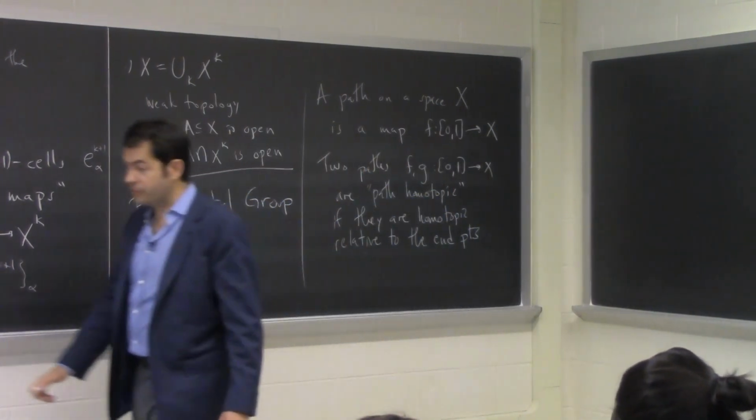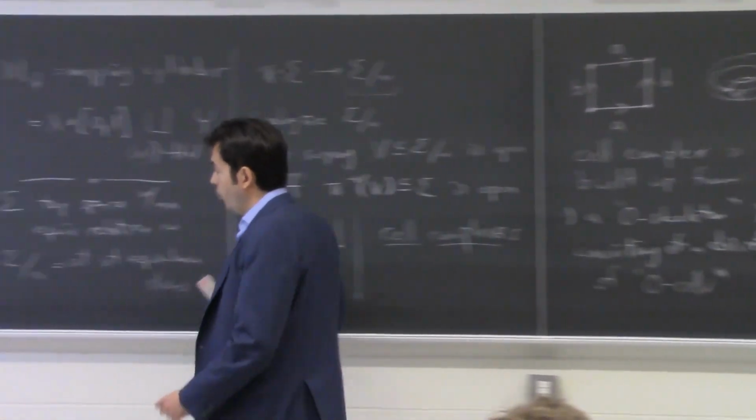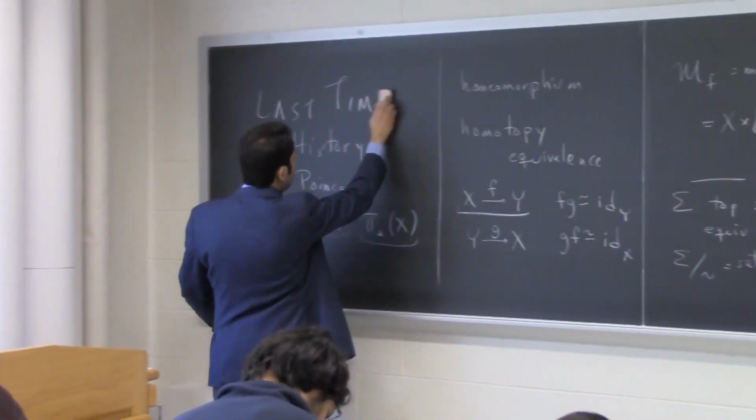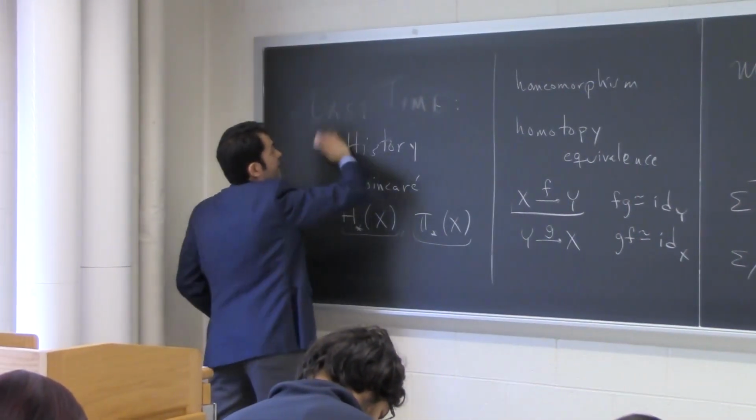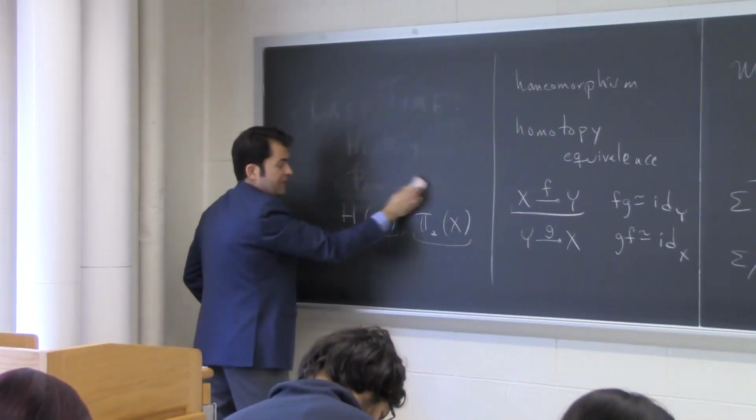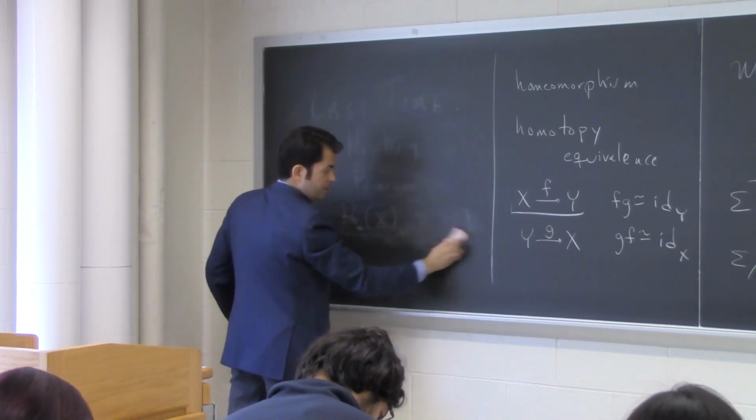So remember from last time, a homotopy is relative to some subset if nothing happens on that subset, if the maps are constant there.